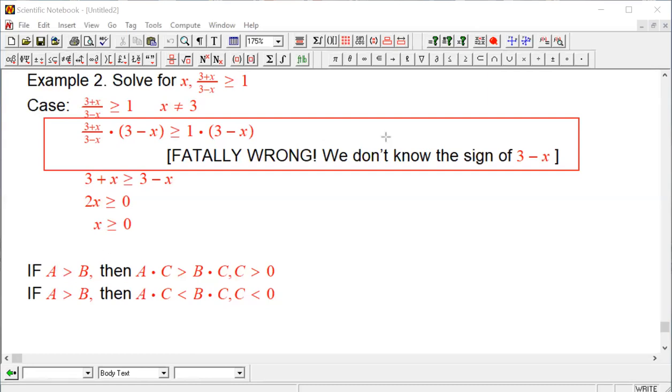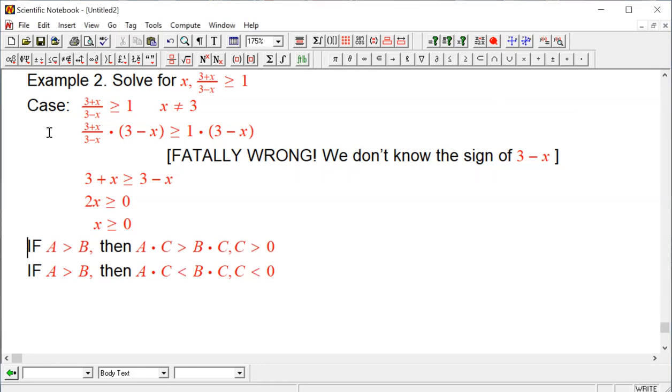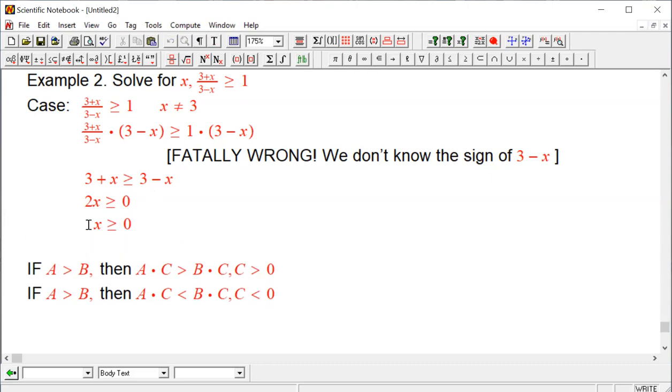Okay, I'm going to review the answer to you soon. All right, so without further ado, what will be the right way to do it? This is actually a very common mistake.